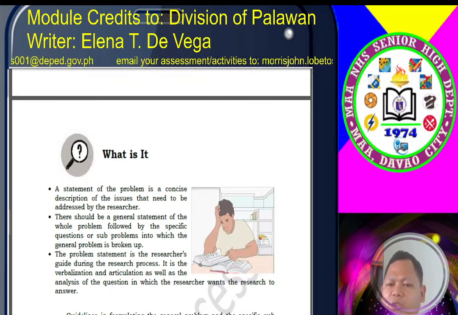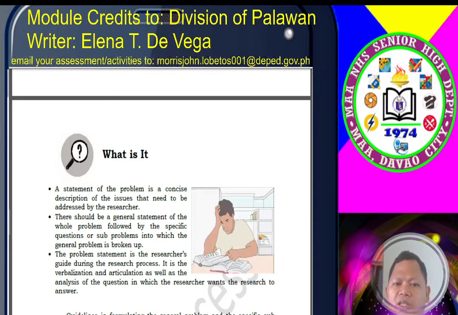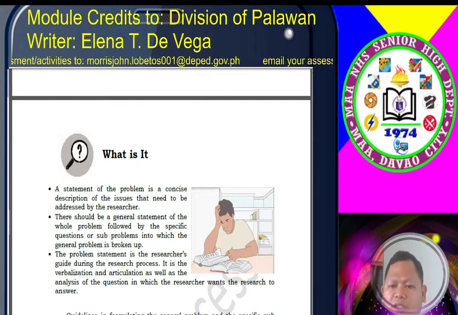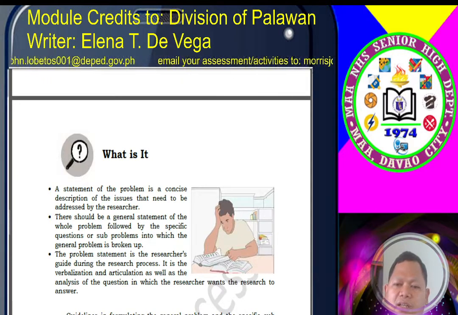So it is a guide to your study. Okay, because in there you will clearly state what are the issues you are going to answer in your research. So this will serve as a highlight in your study so that the readers or other researchers can clearly understand what you are going to do in your research.